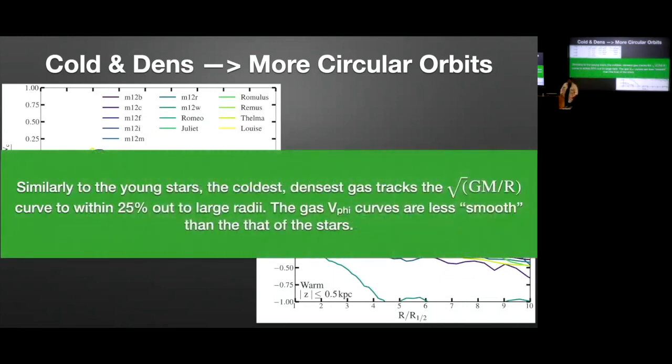So again, similarly to the young stars, the coldest gas and the densest gas will track this GM over R curve well, at least within 25% out to pretty large radii. One thing to point out and keep in mind is that the V phi curves for this gas are a little bit less smooth than the curves for the stars. So again, I'll still be looking into that moving forward, but it's definitely something to keep in mind.